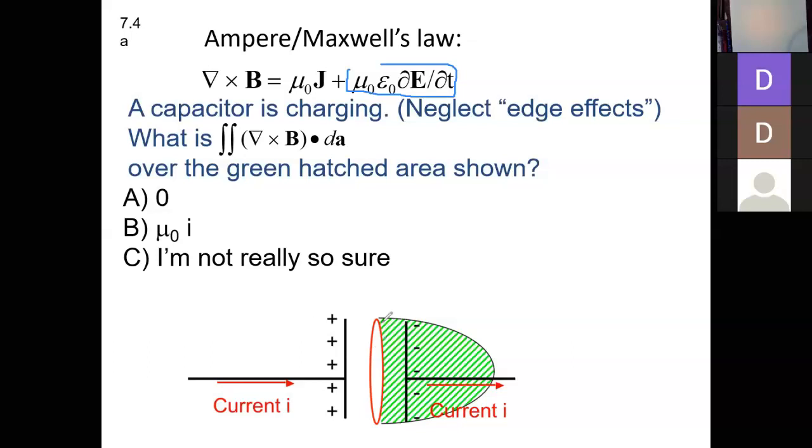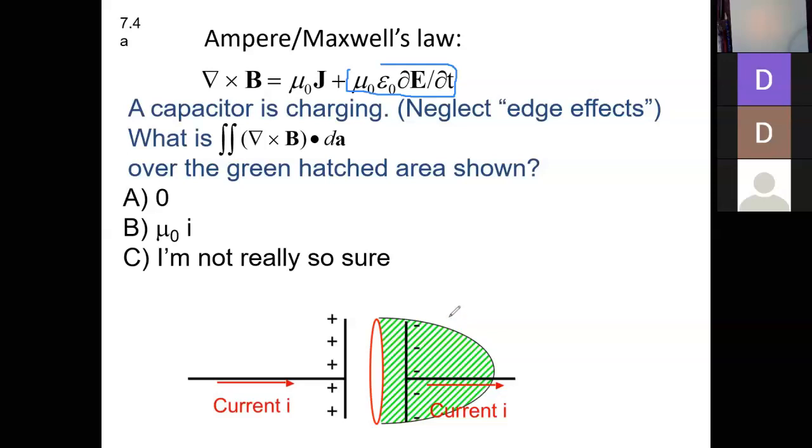right? And we're trying to find out the area in which we can integrate the rate of change of the curl of the magnetic field, right? So we had talked about when we do these area integrals over one surface, the area we integrate across is independent.